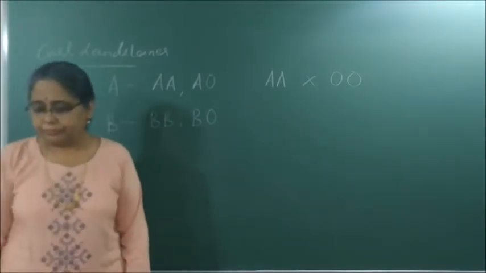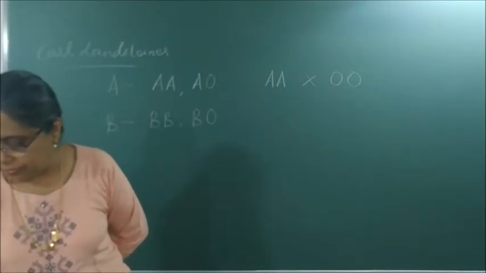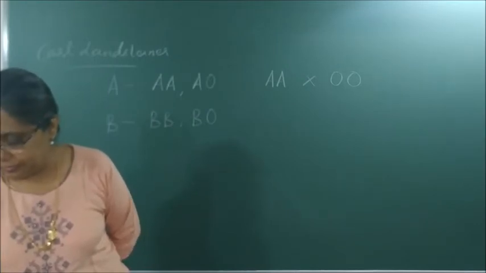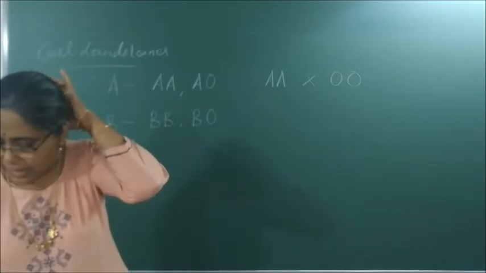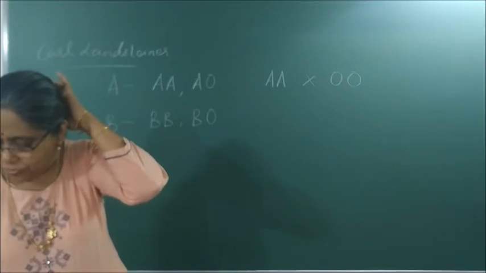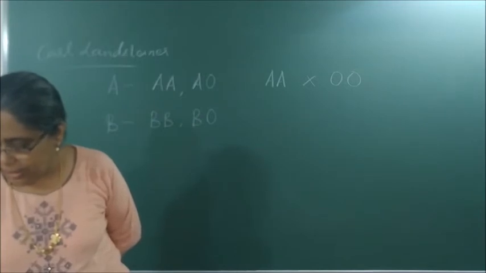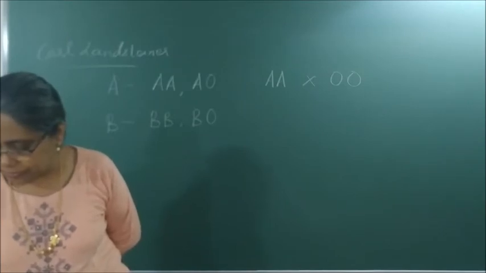Then 50% of the progeny will have blood group A and 50% of the progeny will have blood group O.